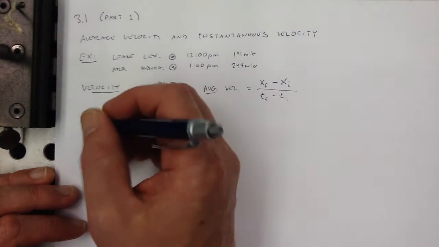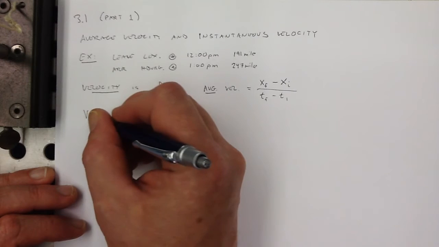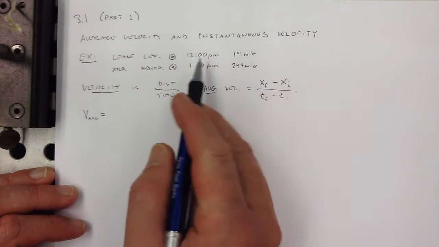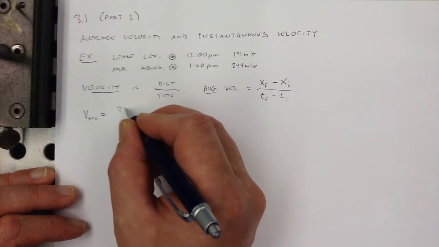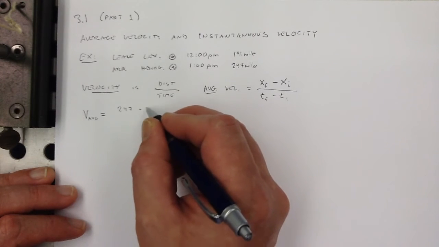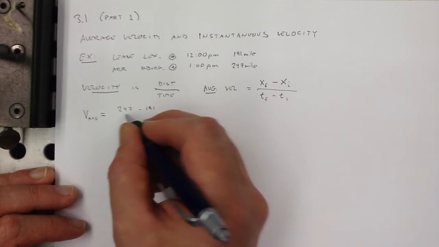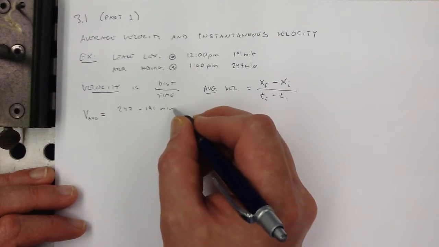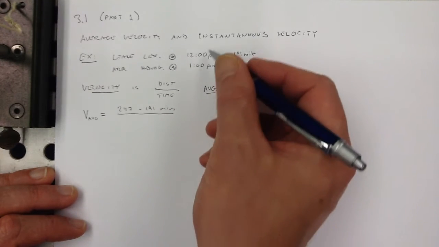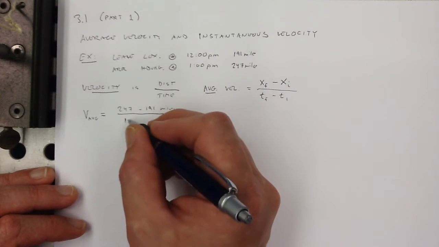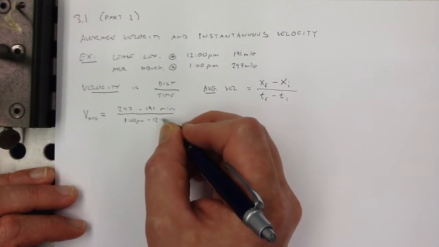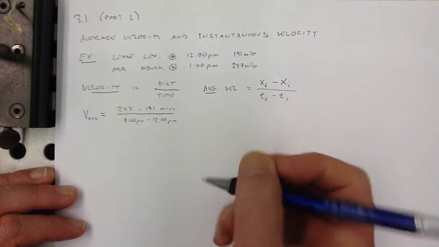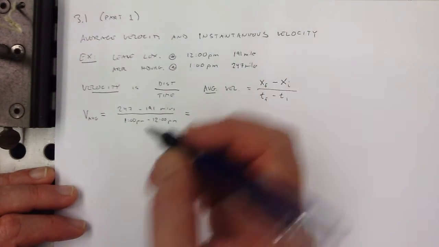So here, our average velocity is, in this example, equal to, let's see, how far did we go? We went 247 minus 191 miles, and 1 p.m. minus 12 p.m., assuming we haven't gone all the way around the clock, is 1 hour.